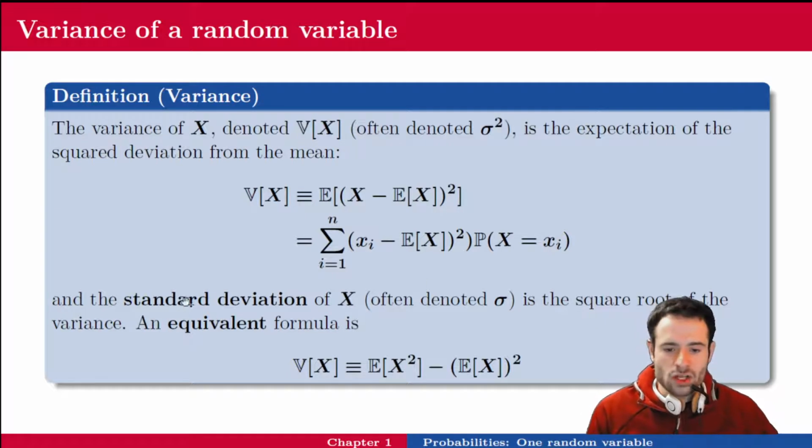The standard deviation of x, which we denote sigma without the square, is the square root of the variance. So we take the square root of all this. So since you take the square root of sigma squared, you go back to sigma alone. And this is why the variance has a square, because we have a square here, whereas the standard deviation takes the square out by taking a square root.